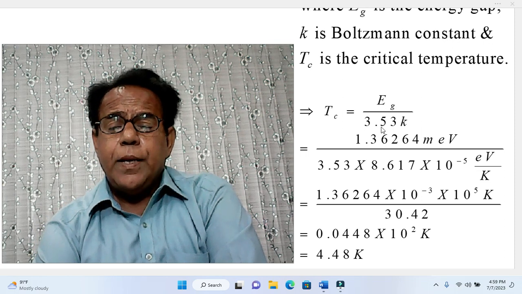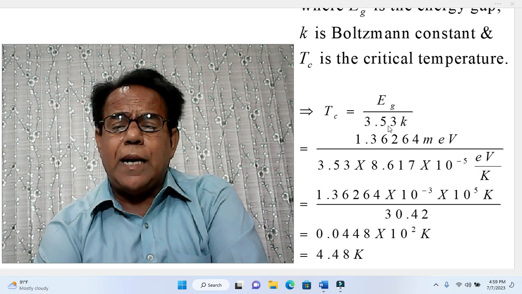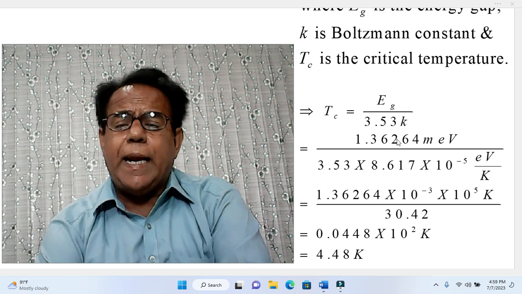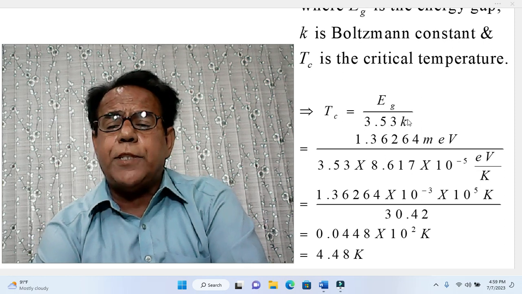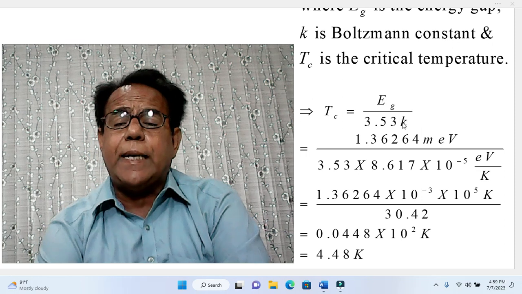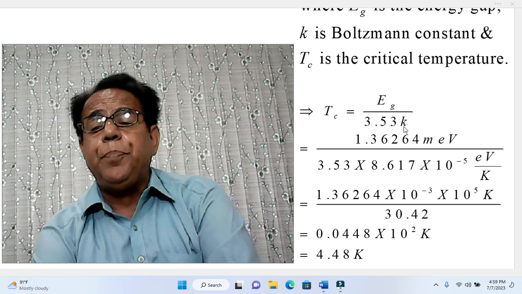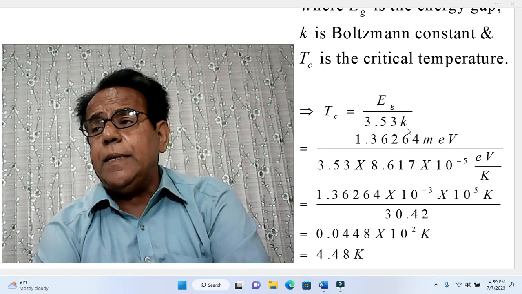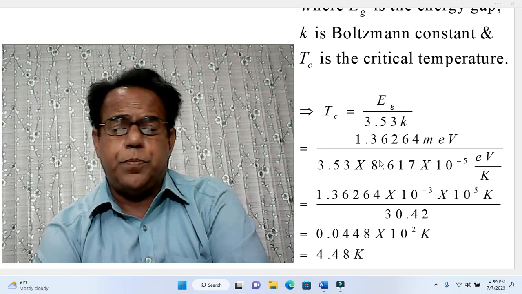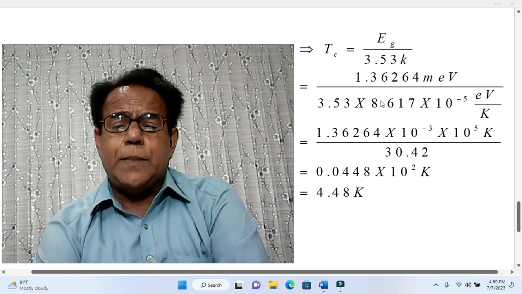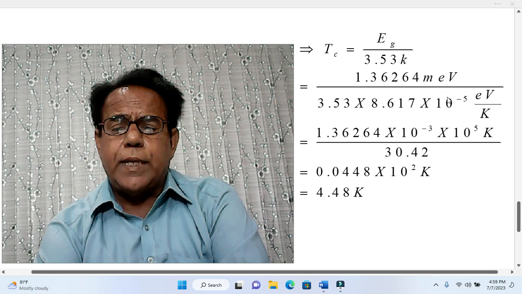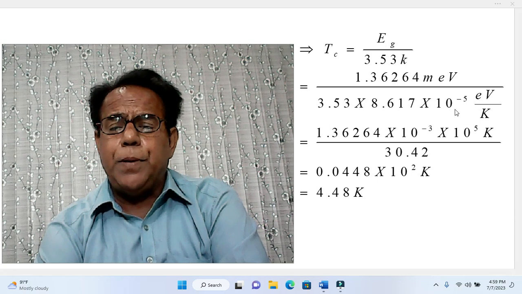Moreover, 3.53 is already a constant, and small k, the Boltzmann constant, is also a constant, and its value has been provided in the table shown in tool number 3. So we will just put the value of the Boltzmann constant k, and hence we will simplify this expression.